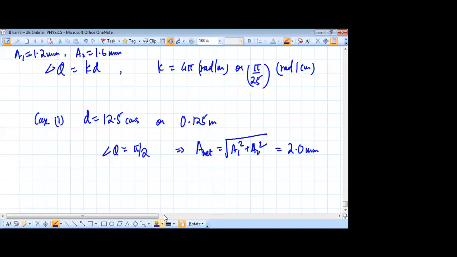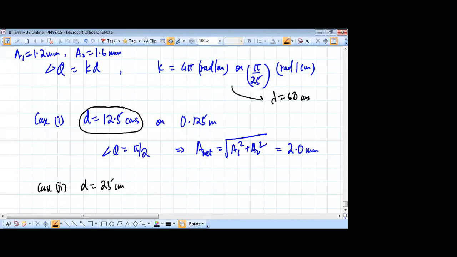Okay. Similarly, for the second case, you will get destructive interference because D is exactly half a wavelength. You can also see that the important thing is lambda was 50 centimeters. So this corresponds to lambda by 4.